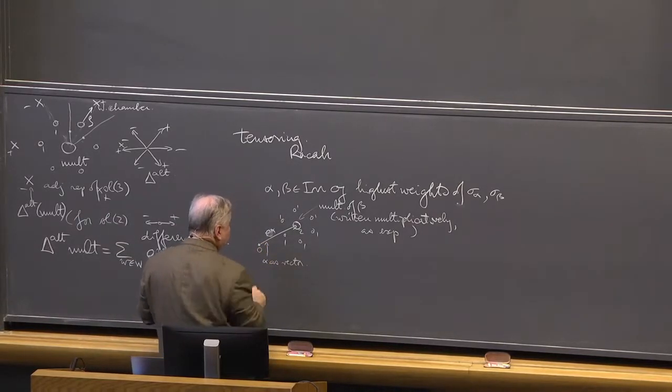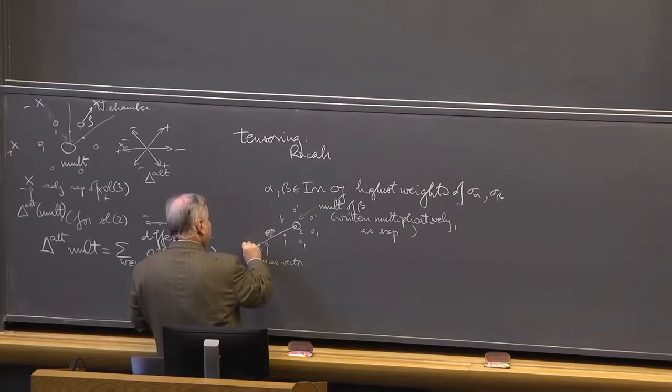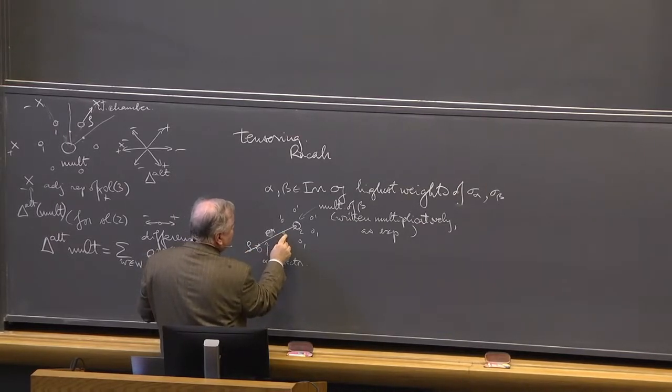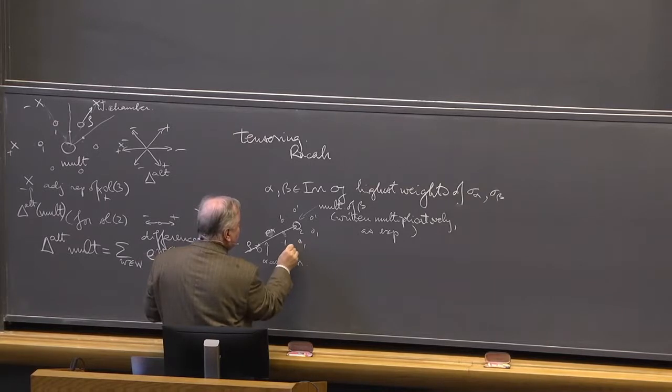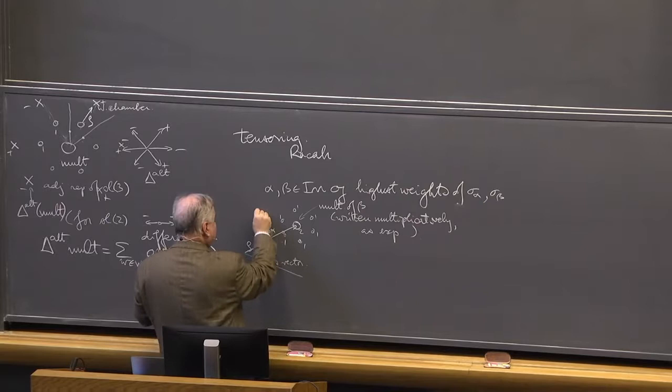Also remember that this is the origin, and here you have the Weyl vector rho, and you will have mirrors which will be located for SL3 something like this.